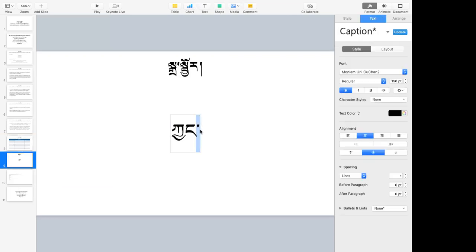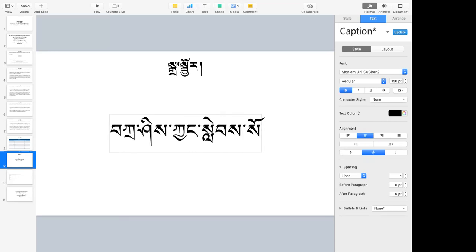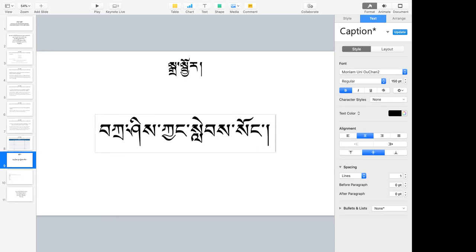For example, we have, which means even Tashi came.